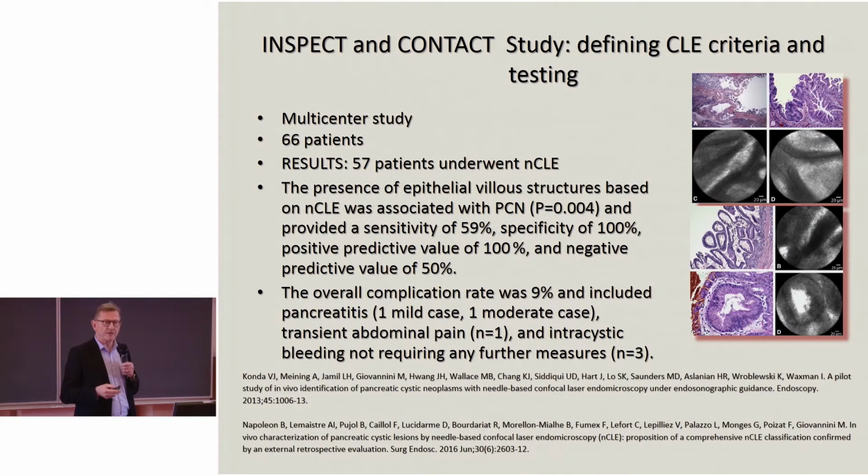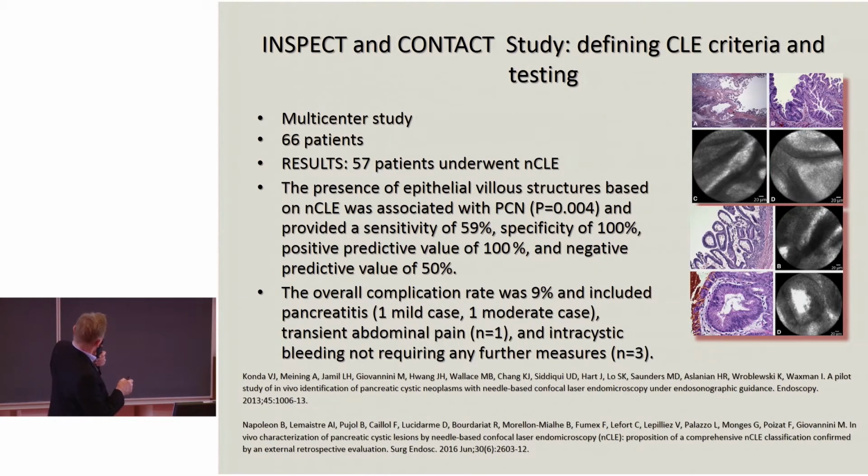One of the problems is that it is sometimes difficult to see and characterize a mucinous cyst. Here the pancreatic cystic neoplasm provided a sensitivity of 59% and a specificity of 100%.